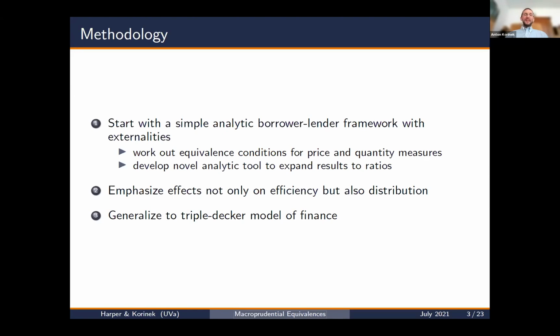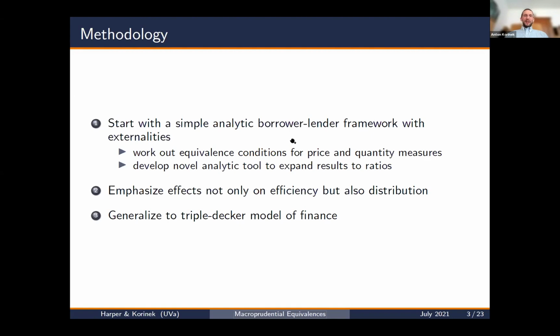We will emphasize the effects of these different types of regulation, not only on efficiency itself, but also on the distribution of income. And we will see that in some sense, all the insights from the borrower-lender model carry through. We will generalize the results to a triple-decker model of finance where there are essentially borrowers, banks, and lenders.